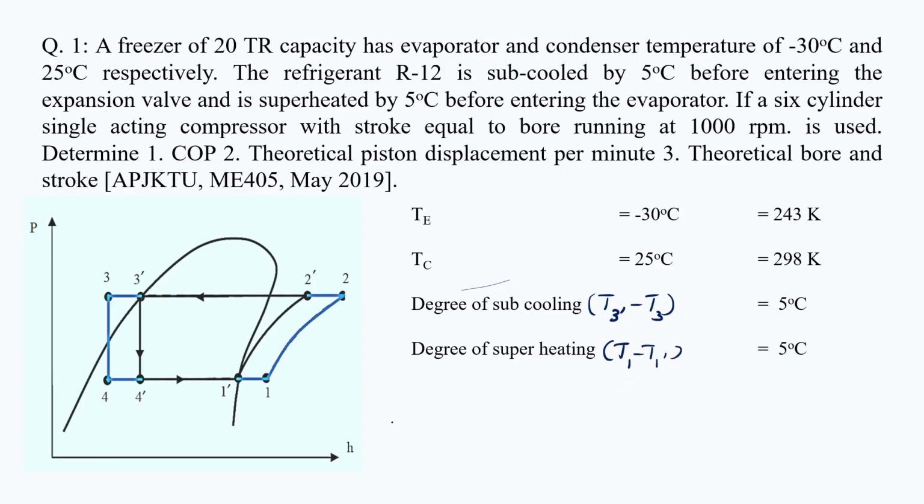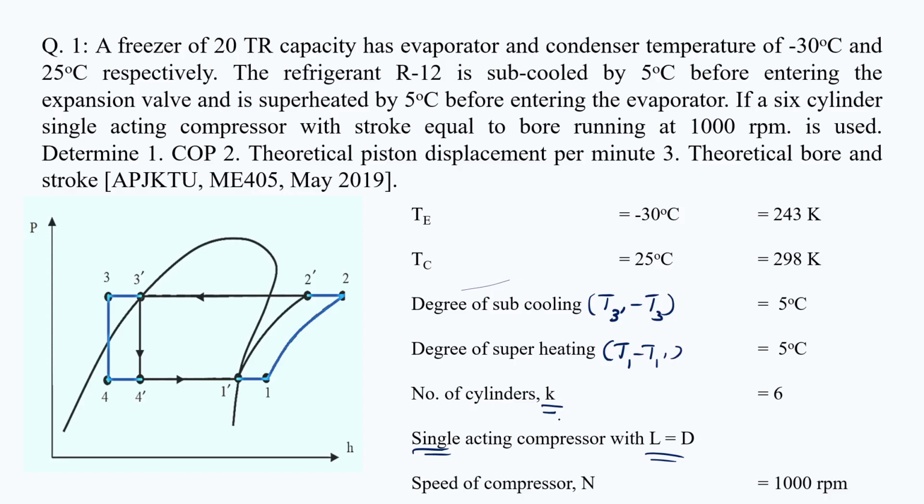Now, since both are equal, we can assume we are using a liquid suction heat exchanger here. Also, the number of cylinders of the compressor is 6, and the compressor is a single acting compressor with L equal to D, that is, stroke and bore diameter of the cylinder are the same. Also, the speed of the compressor is specified as 1000 rpm. So these are the data given in the question.